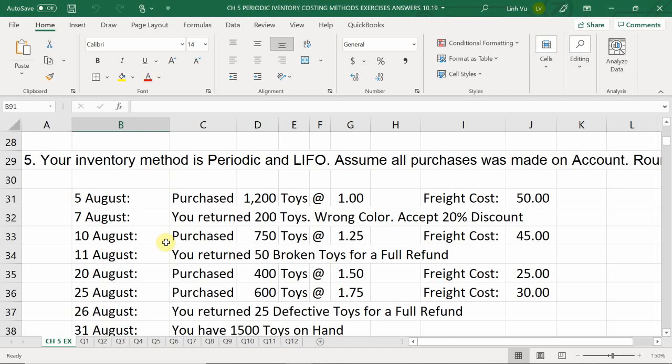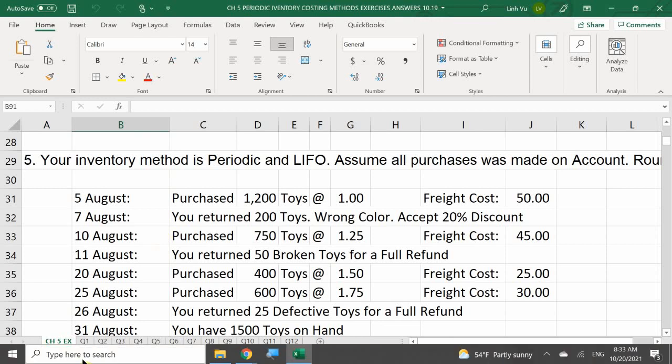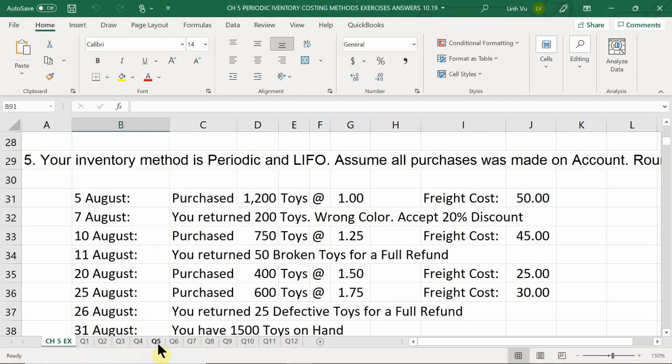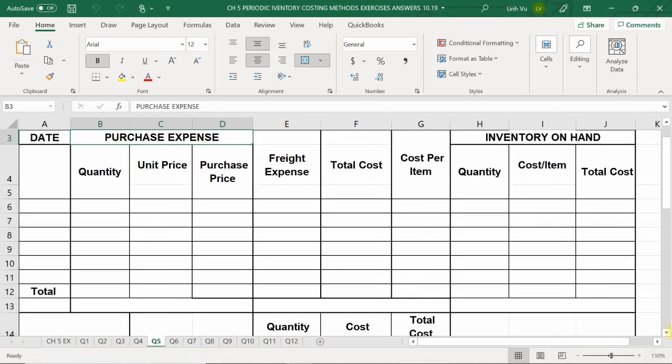August 5th, we purchased 1,200 toys at $1 each with the freight costing $50. So for question 5, let's put that in our table here.